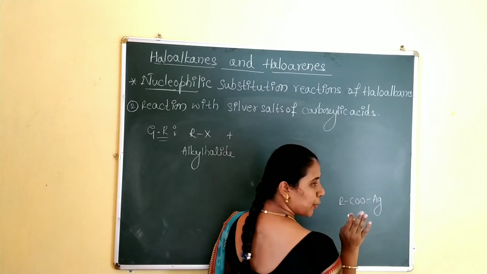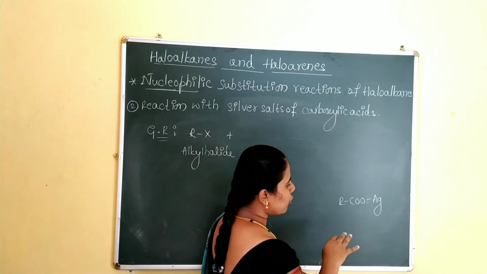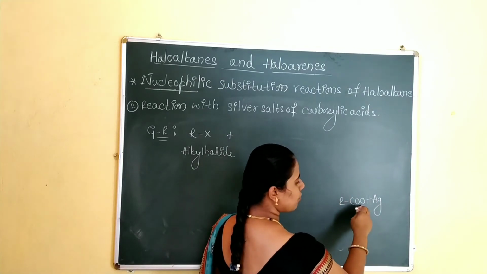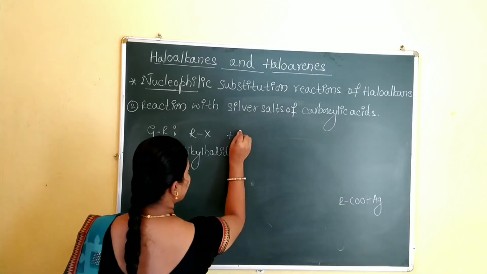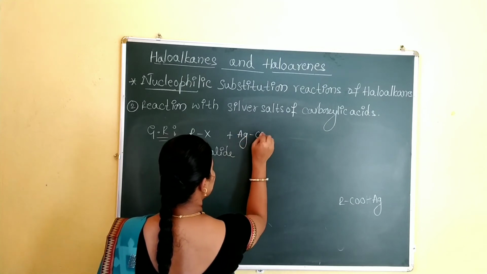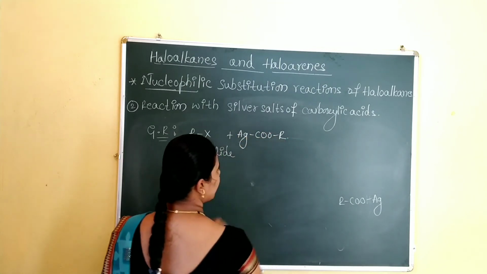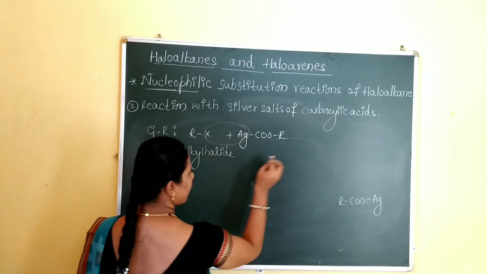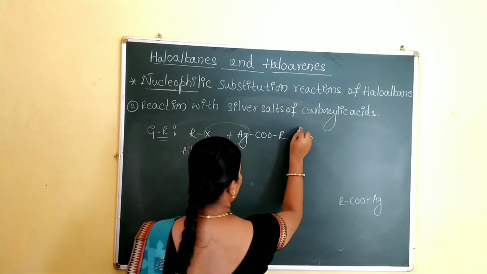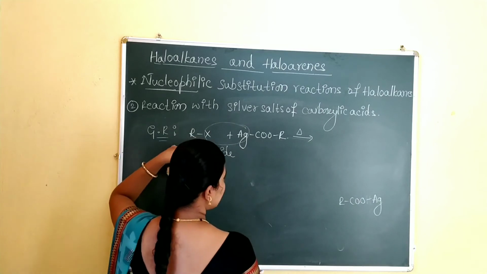RCOOAg. RCOOH is carboxylic acid, silver salt of carboxylic acid, RCOOAg. Now esters are formed.